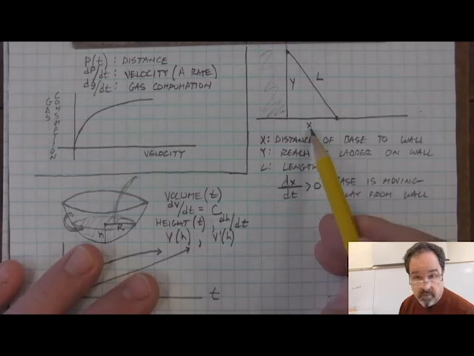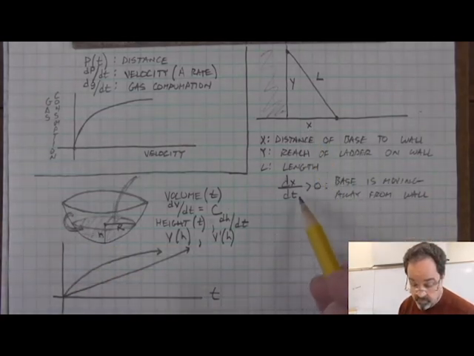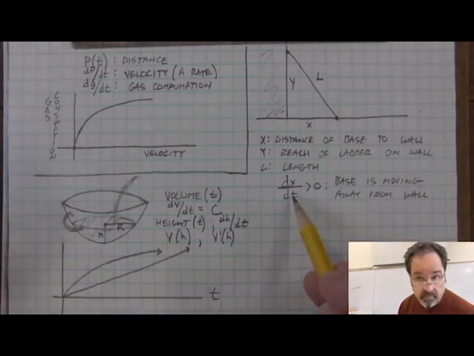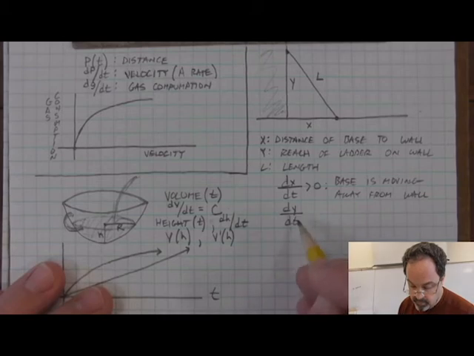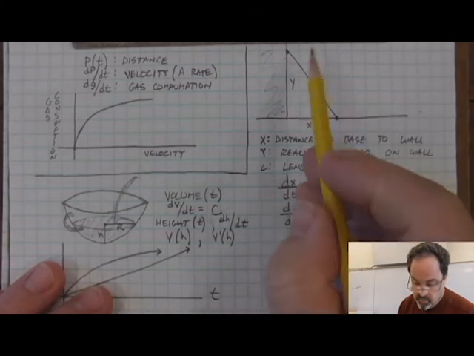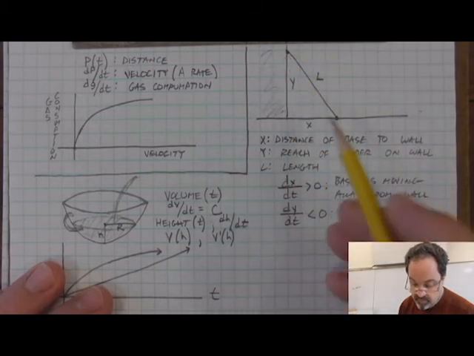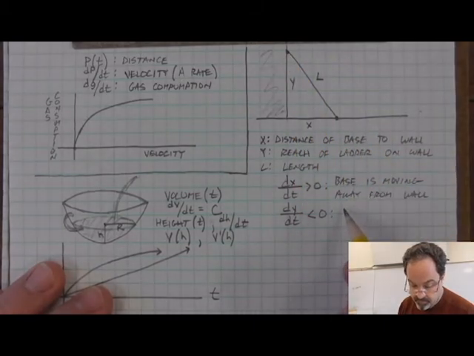X is increasing, so the rate of change must be positive to increase that value. And if x is increasing, then dy over dt is going to be less than 0. The reach is going to slip down. So the top is sliding down.